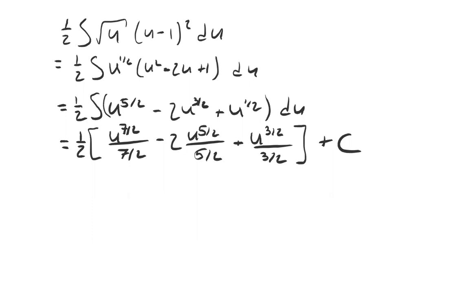Okay, so now let's simplify things. I'm going to go ahead and plug in for u again. So when I do that, I'm going to have 1/2, all these fractions on the bottom. So the 7/2, 5/2, and 3/2, you just flip those up.